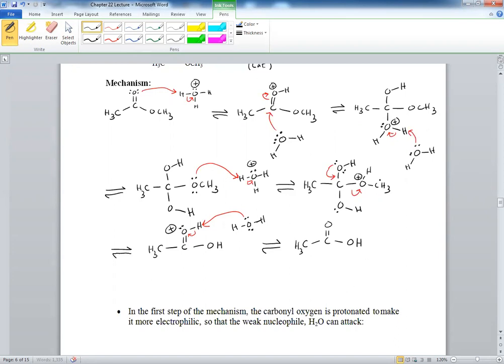So again, look what we made here. We have H3O plus, and of course we have the alcohol, HOCH3, which is the same as CH3OH, methanol in this case. Of course, it applies to other alcohols.